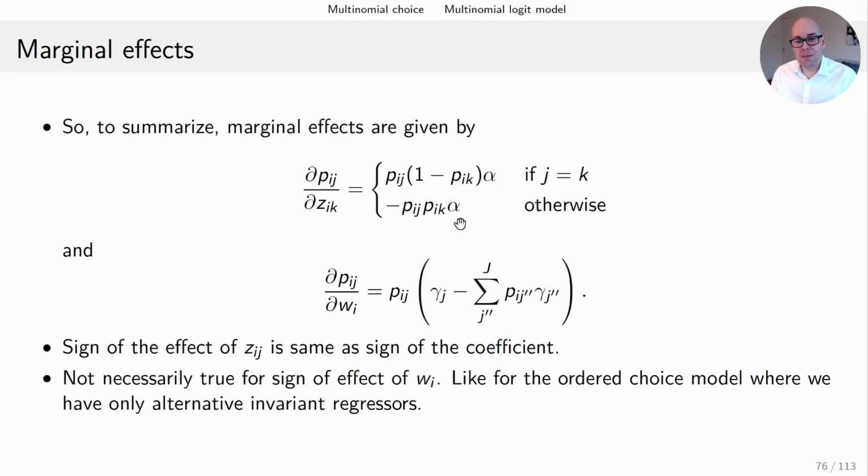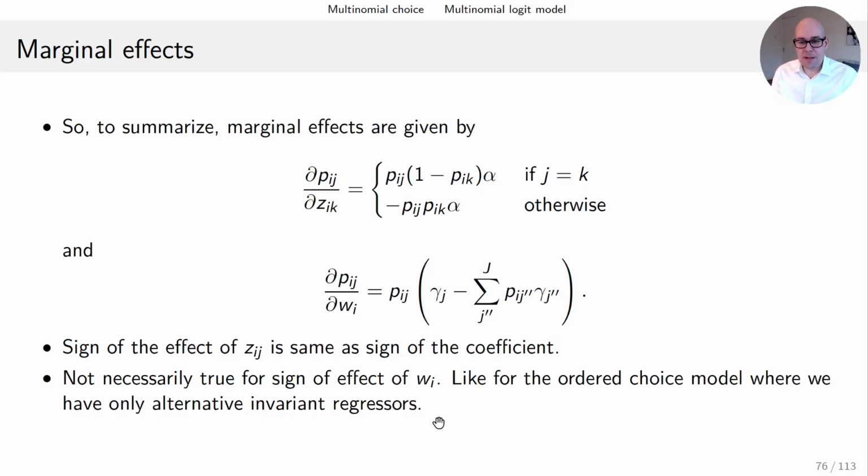And that is a little bit like for the first and the last alternative in the ordered choice model, or that property here is like the property for the marginal effect in the binary choice model. This all is not true for the sign of the effect of changes in alternative invariant characteristics, so Wi.